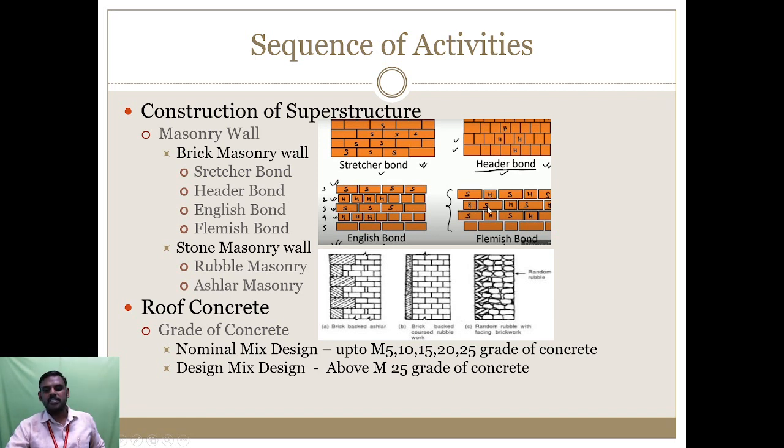On the header side, a stretcher will come, so the joining gaps will not be in a straight line. It will break the continuous line. If it is in a continuous line, cracks are possible. So that is why in brick masonry the stretcher bond comes under the stretcher side. In the side view we are discussing.